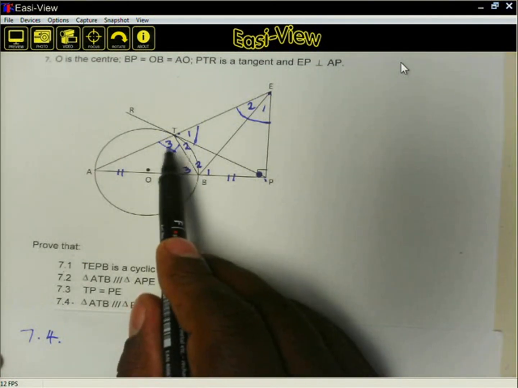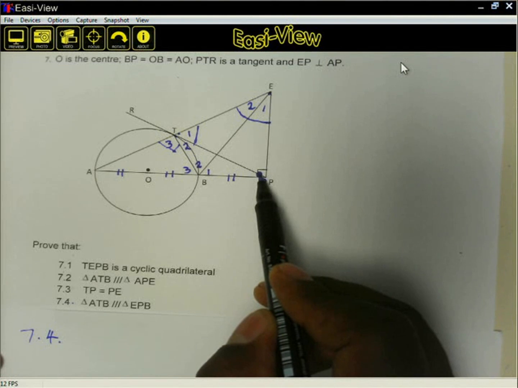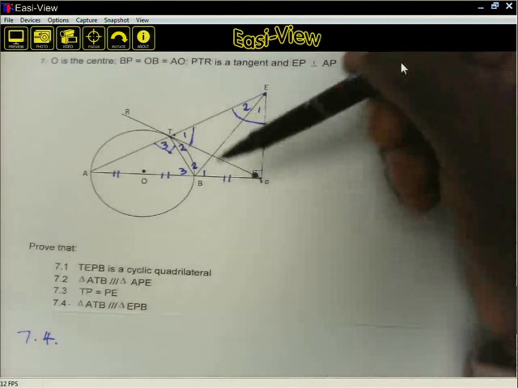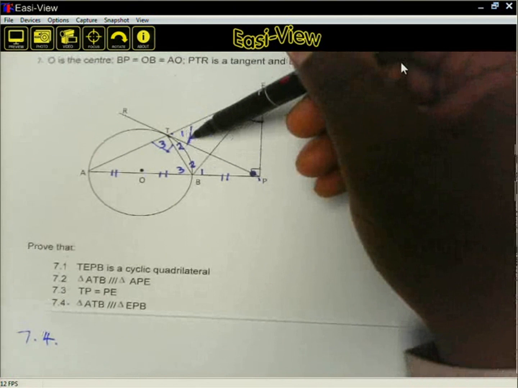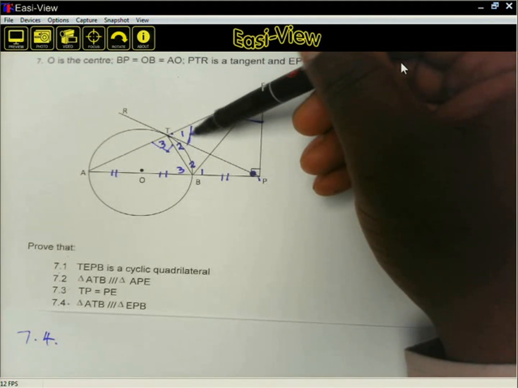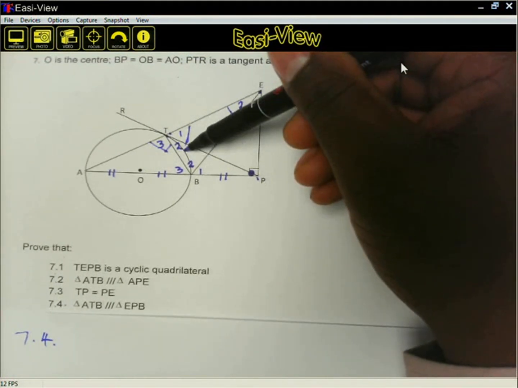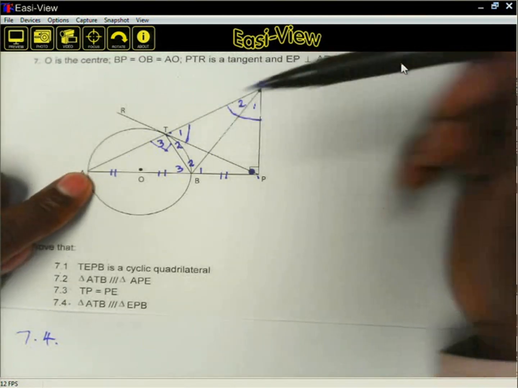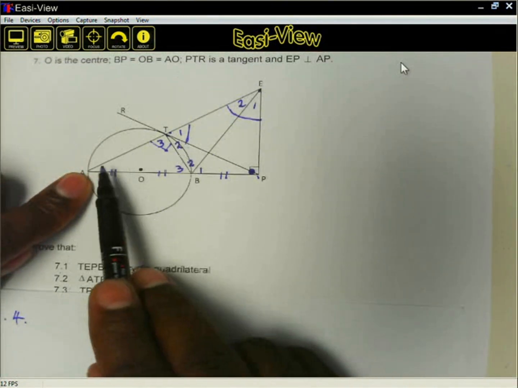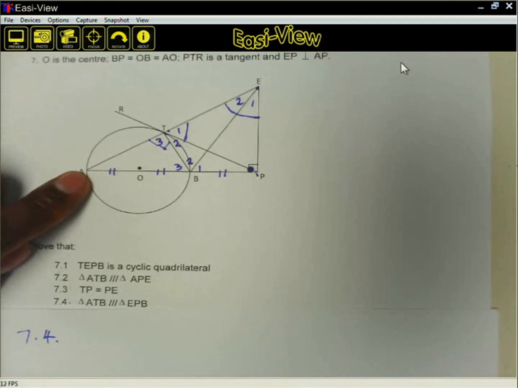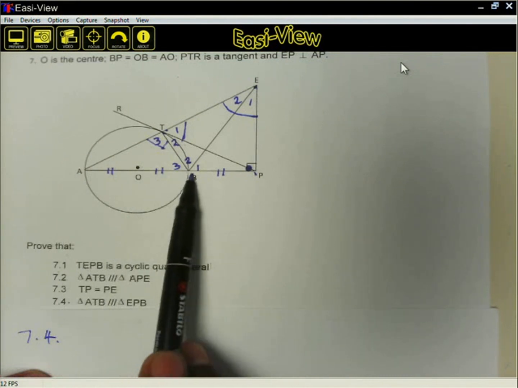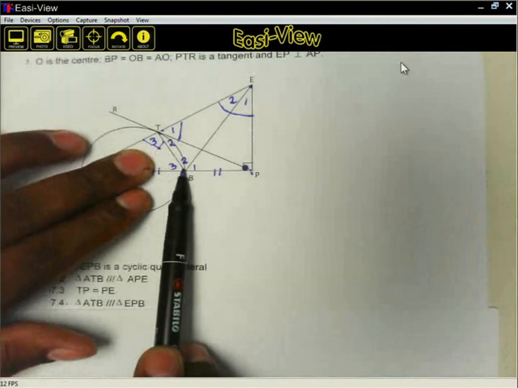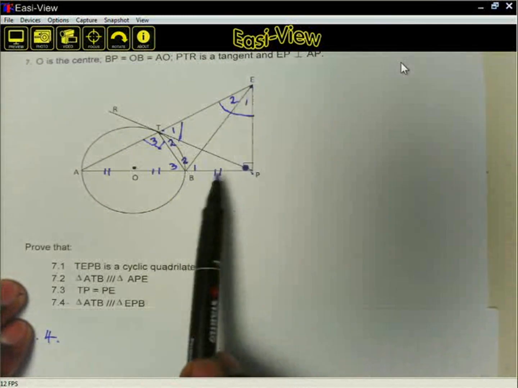Already you've got angle T3, it's 90 degrees. And check B1, this angle B1 is equal to T1. T2 here, according to the tan chord theorem, is equal to angle A. Check the triangles that you are working with: triangle ATB and triangle EPB.